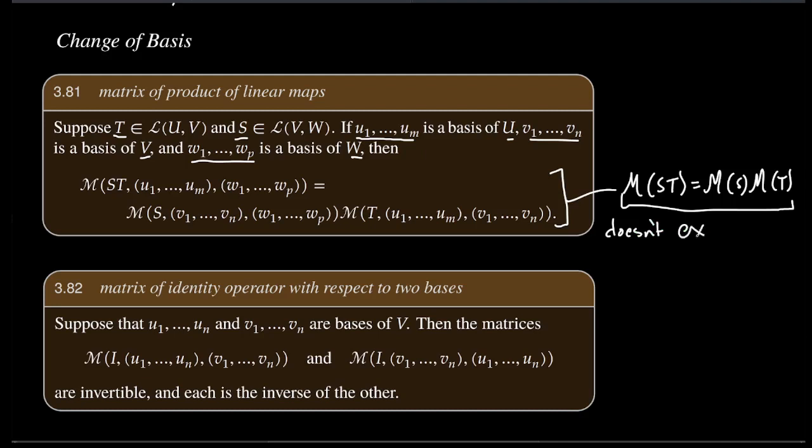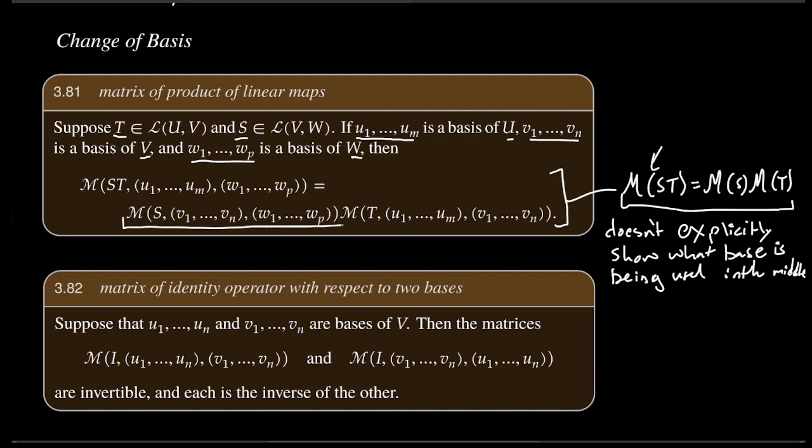doesn't explicitly show what basis is being used in the middle. That is, you've only got U's and W's in this guy right here, but over here we have our V's.